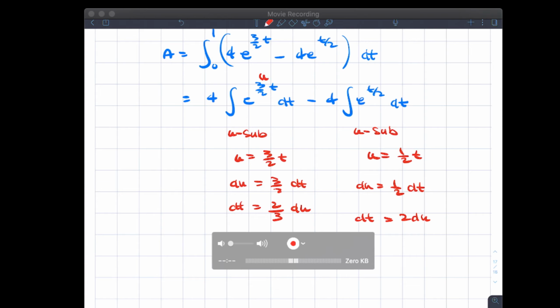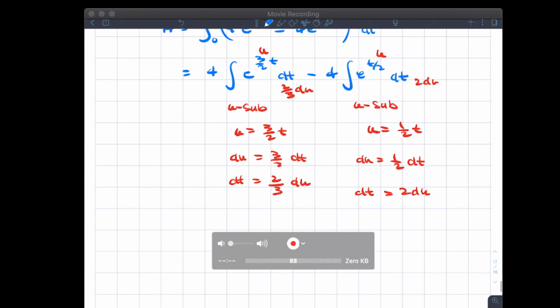These are different u's, different dt's. Over here you have dt as 2/3 du, and over here dt is 2 du. So I can still do 4, and we're going to integrate now 2/3 e^u du minus 4 times the integral of 2 e^u du.